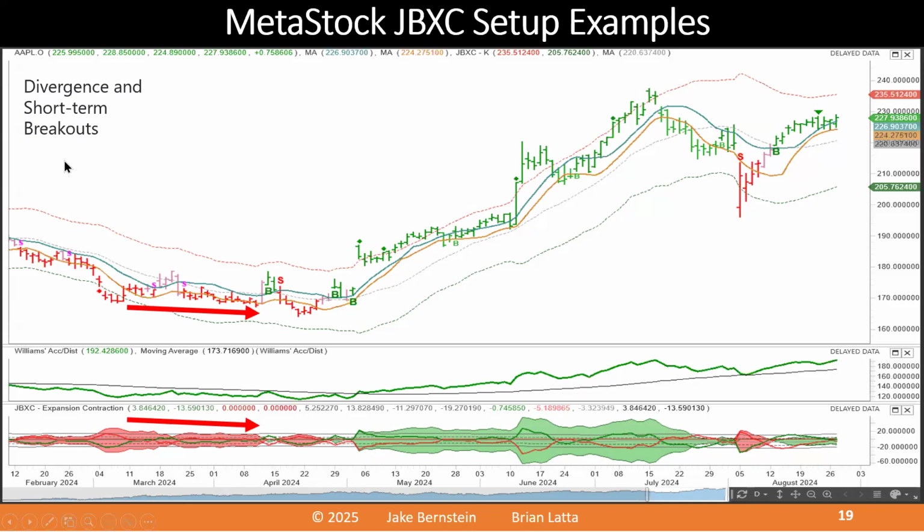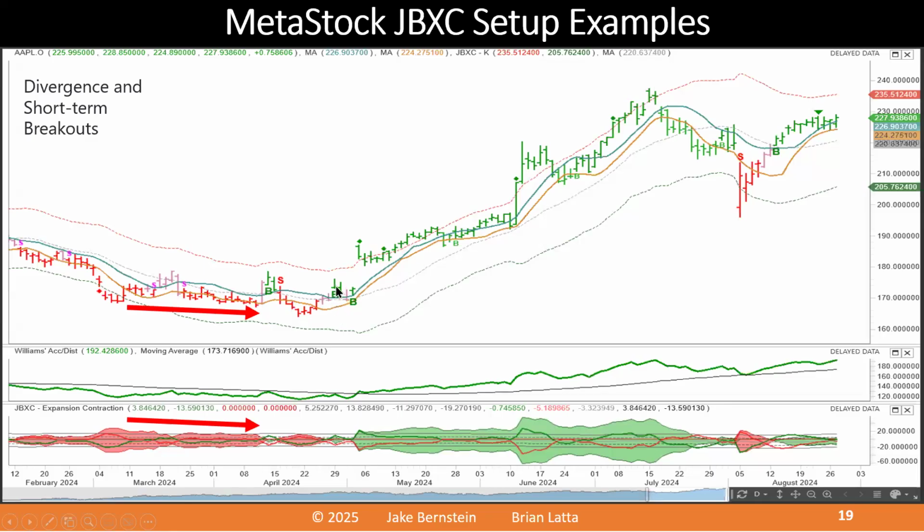But here on the divergence and even the short-term breakouts on here, again, I'm just showing a bearish divergence where price is generally making new lows, and the indicator is contracting over time. And when we get a trigger, this particular one happened in mid-April, we'll have to say it came within, I think, about 15 or 20 cents, if I recall, on stopping out on a divergence trade, and then managed to pick up the move on here.